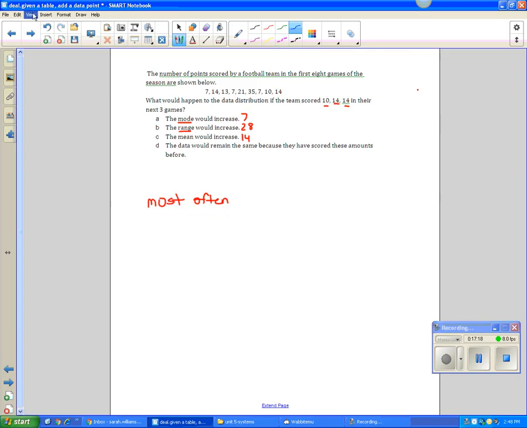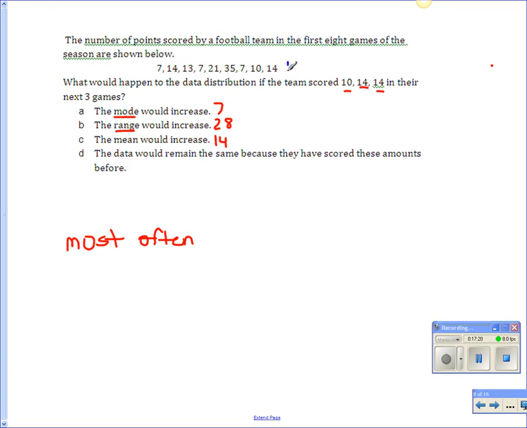And so remember, now we've got 10, 14, and 14 on our list. So before it was 7, that occurred 3 times. But if you pay attention, you now see that 14 occurs 4 times. So your mode is now 14. So did it increase? Yes. So your answer is A, and you don't have to do any further work on this problem.